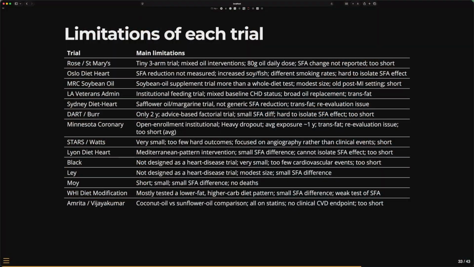These other trials have some similar issues. Many of them are actually later, so they don't have the trans fat issue, but then they have other issues that still make the results maybe not so certain as you would want them to be. I've just listed some of these here. A lot of the main thing is that they're just very short.